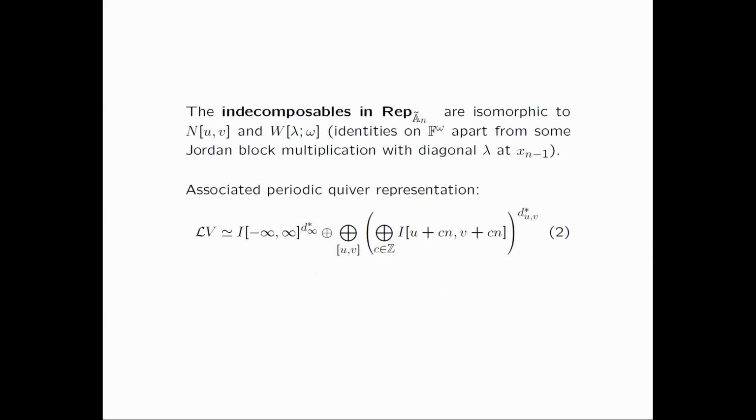So that is a theorem that these are the only indecomposable modules, and indeed we can understand these quite well by basically unrolling them, and so we get an infinite periodic quiver and understand them that way.